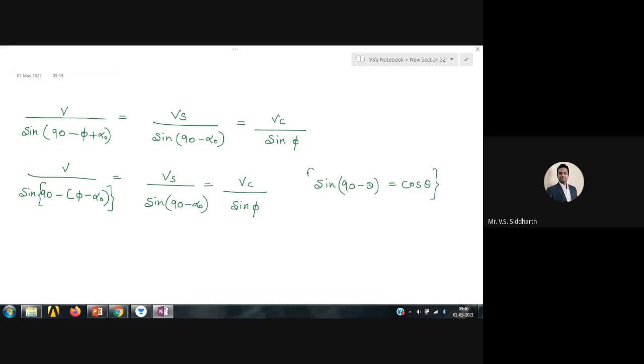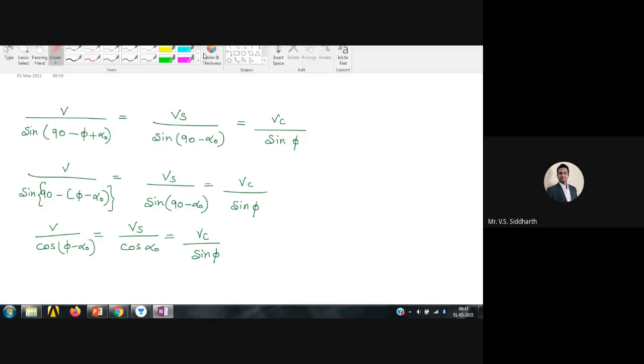This is basic trigonometry, right? So I am changing this sine term into a cos term. So I'm writing here V upon cos phi minus alpha naught equals Vs upon cos alpha naught equals Vc by sine phi. You understand that I have applied 90 minus theta there.